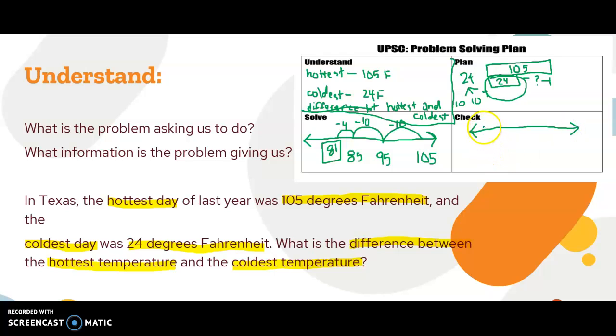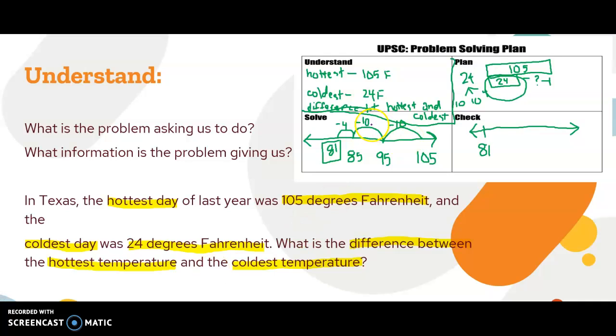So I can start at 81. And of course, I want to add up or count up to 24. And so since I'm counting up 24, that means that I need to move on my number line to the right now because my number is increasing.